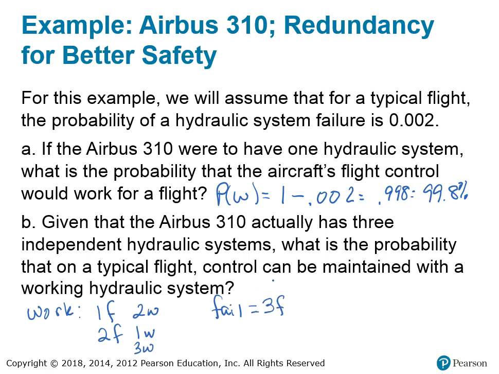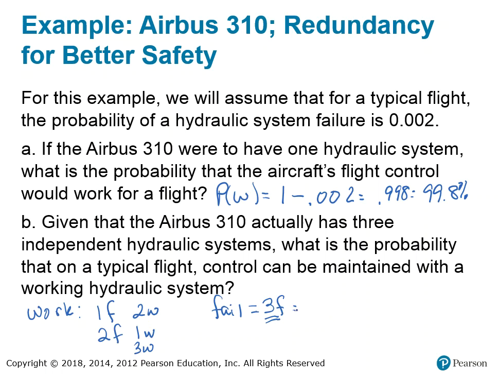So when I'm trying to figure out this probability, really I would need to find the probability of 1 failing and 2 working, and 2 failing and 1 working, and 3 working, and combine all of those. It actually would be easier to do the complement in this case. Let's figure out the probability of all 3 failing, and then find the rest of them, instead of adding the 3 different ones up.